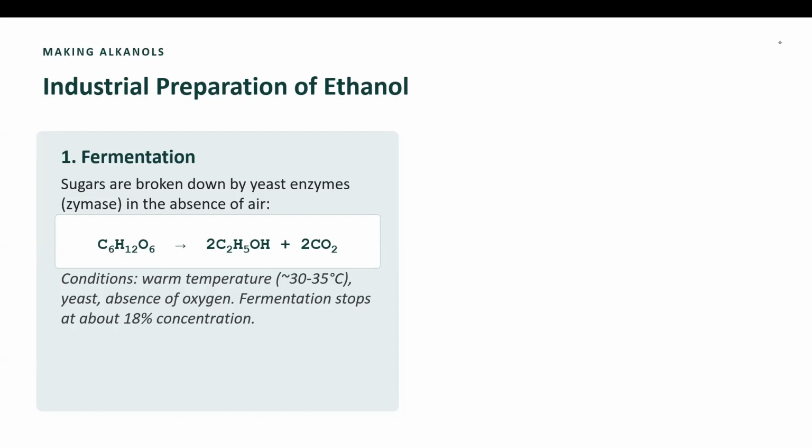You started the fermentation and it has stopped. How do we convert that 18% ethanol to 45% dry gin? Anybody? Nobody.